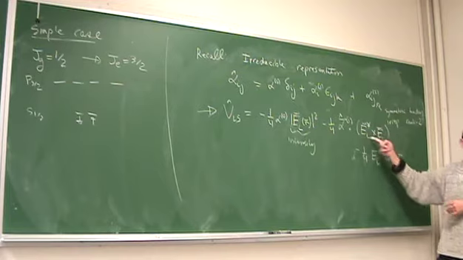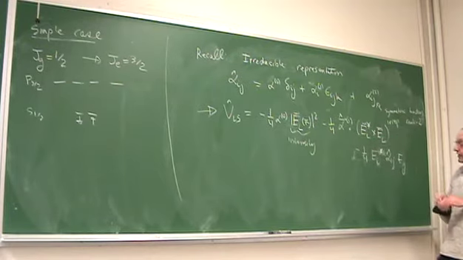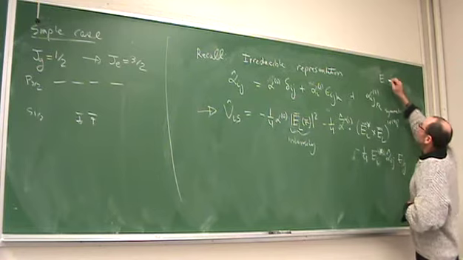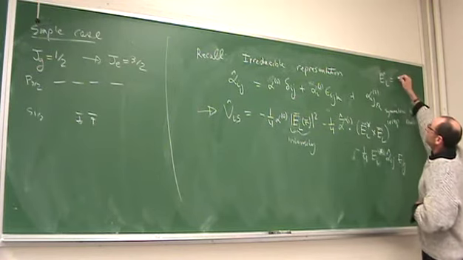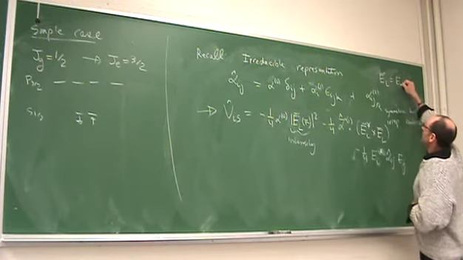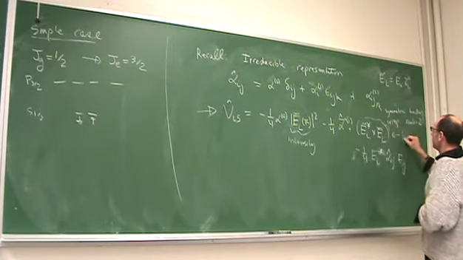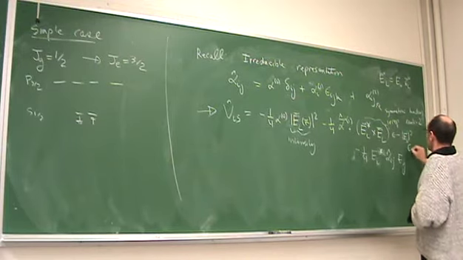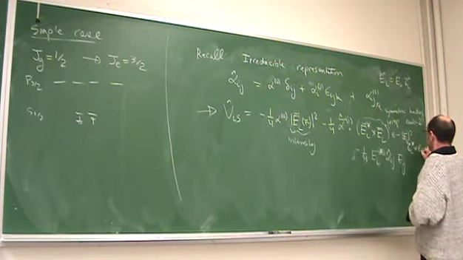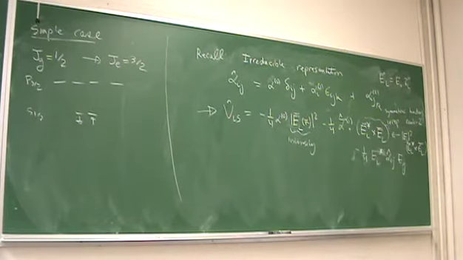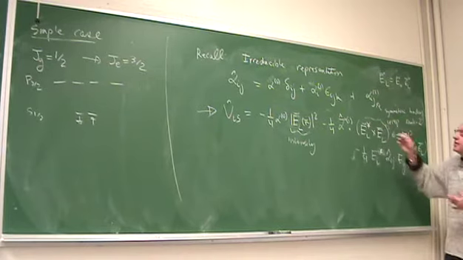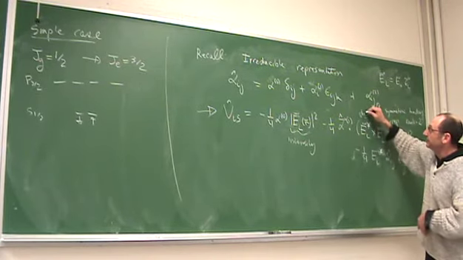If I rewrite this as the amplitude times the polarization, then this term over here is the square of the amplitude times epsilon star cross epsilon. So if the polarization is linear, this term is 0. If it's circular, it's not 0. So this has something to do with the ellipticity of the light.